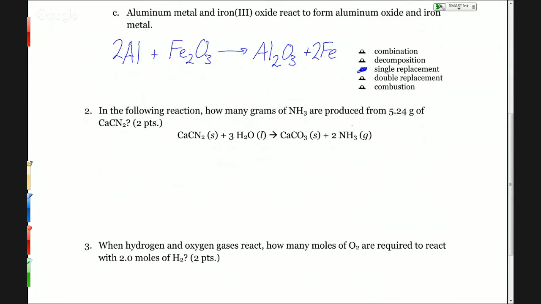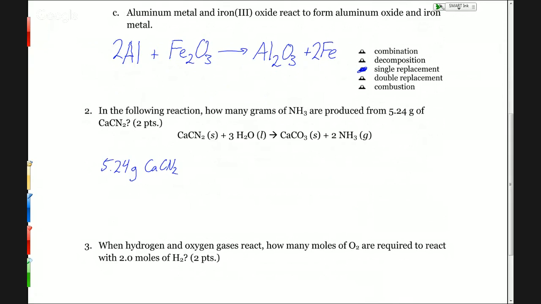And then a masses to moles kind of problem. So we have this CaCN2 reacting with water, and the equation's already balanced for you. So we just need to plug in numbers for that. So we'll have 5.24 grams of CaCN2.